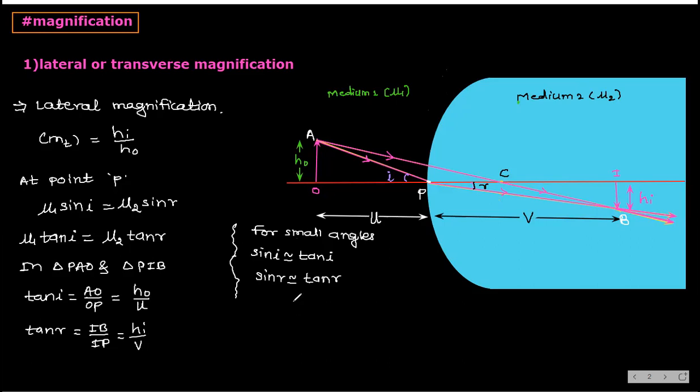So mu1 into HO by U is equal to mu2 into HI by phi. Is it correct? Check, it is correct, right?